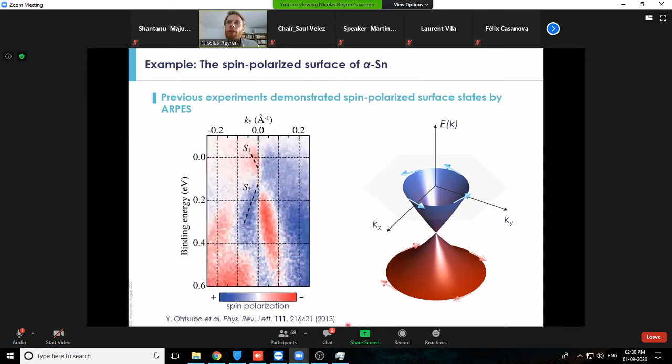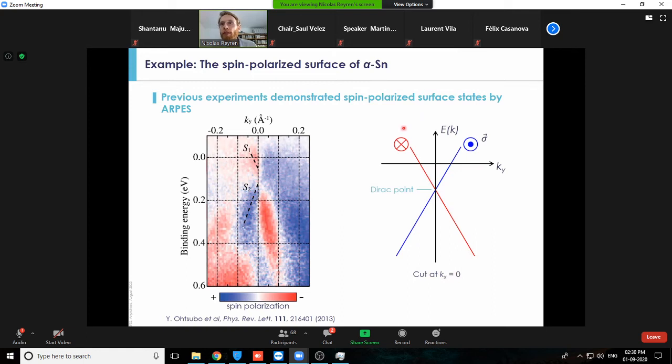If you take this Dirac cone and take a cross section for Kx equals 0, what you get are two lines. When they cross, you have the Dirac point, and these two lines have opposite spin polarization. This is observable experimentally using spin-resolved angle-resolved photoemission spectroscopy.